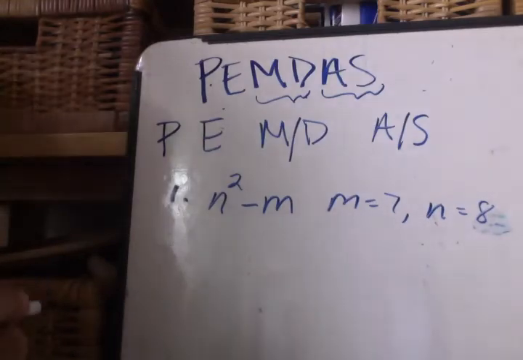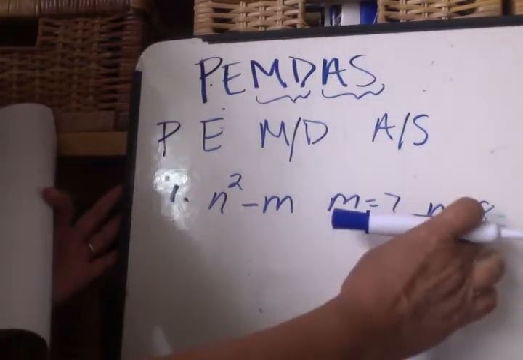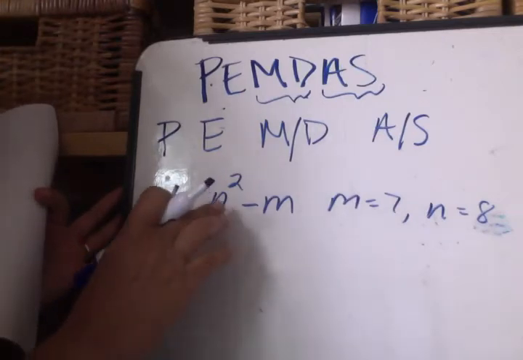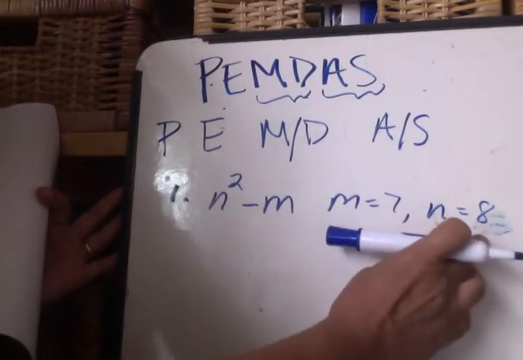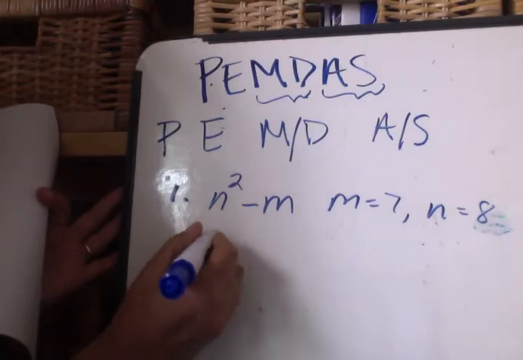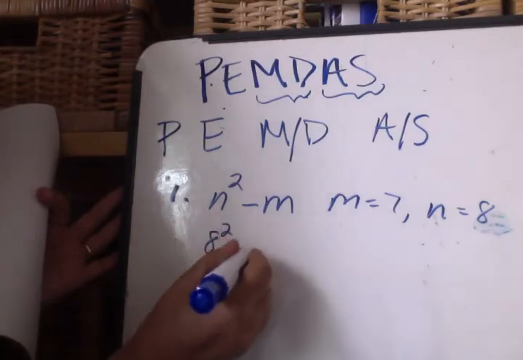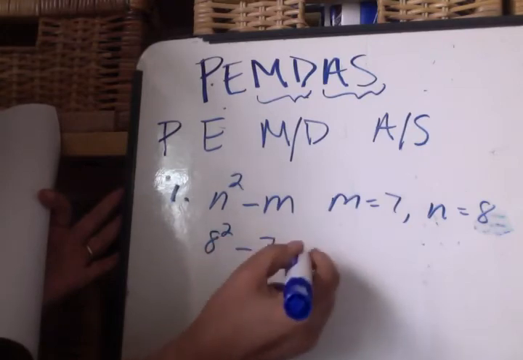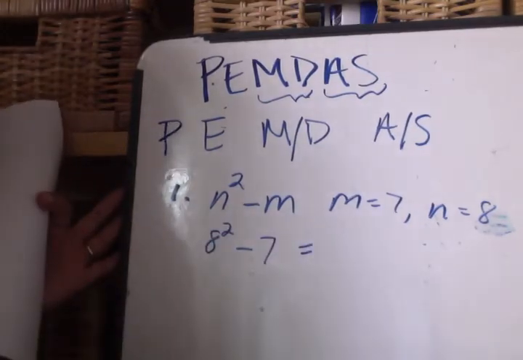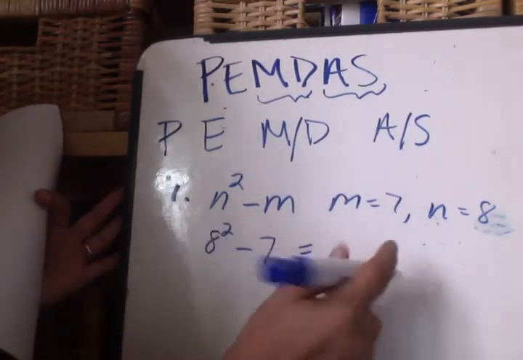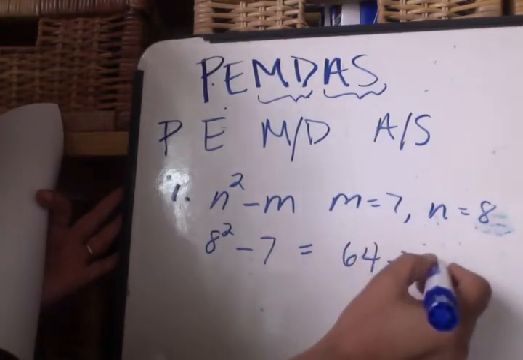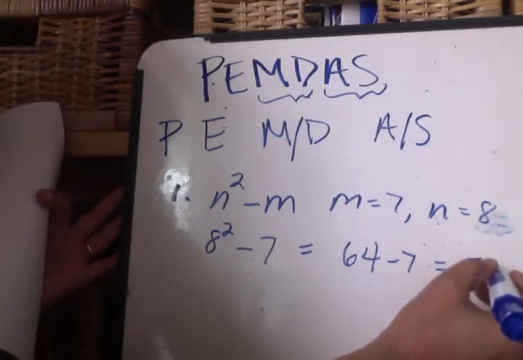So I'm just going to substitute these numbers for what the letters are. It says n squared, so I look at n is 8. So I'm going to do 8 squared minus m, which is 7. 8 squared is 8 times 8, which is 64, minus 7. That equals 57.